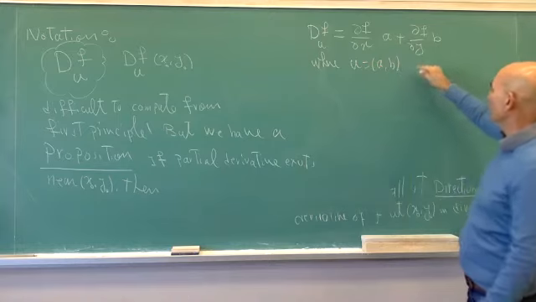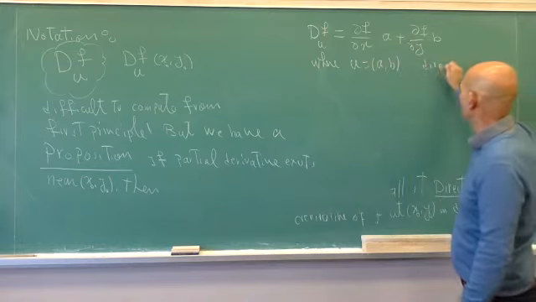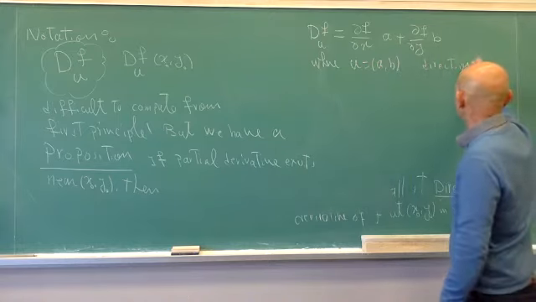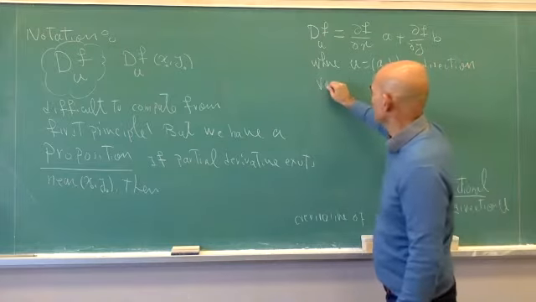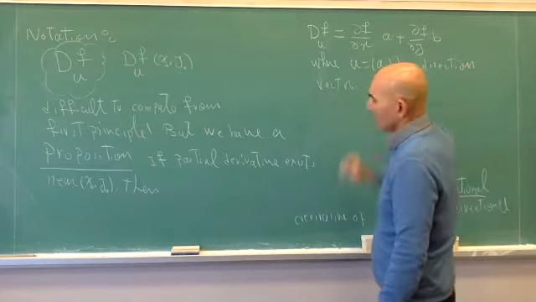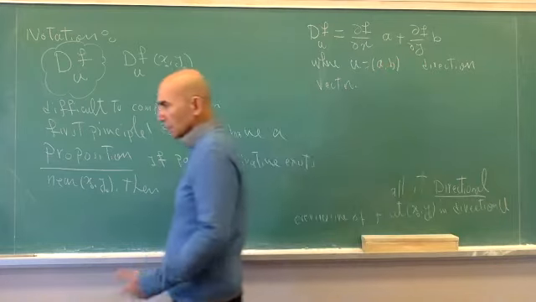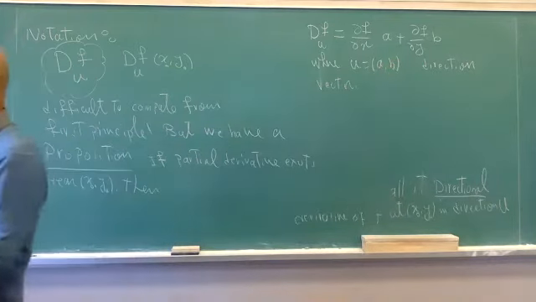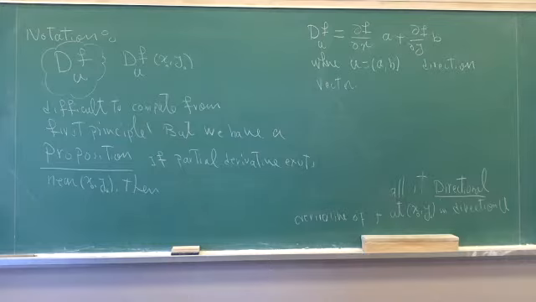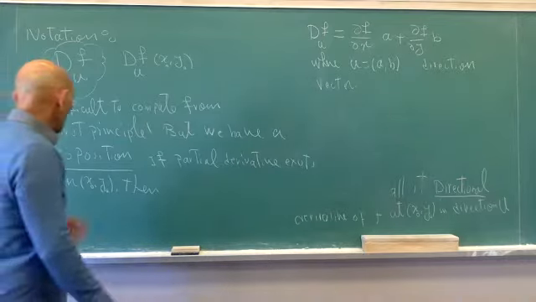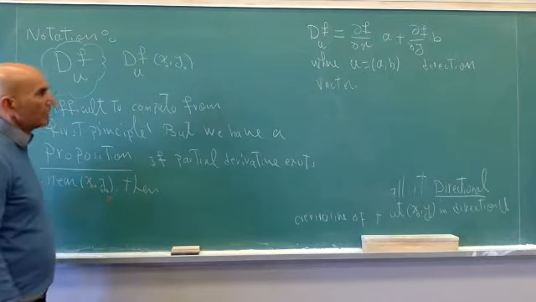This is the direction vector, right? So this is quite useful because it just means that if you can calculate partial derivatives, then you can calculate derivatives in any direction. So that's really valuable.